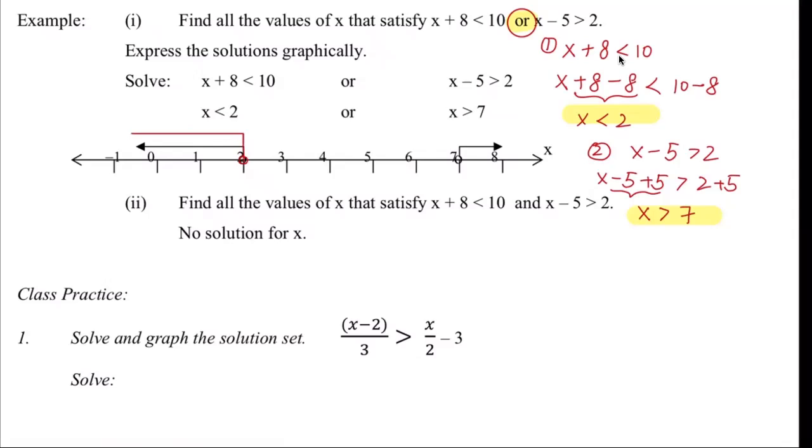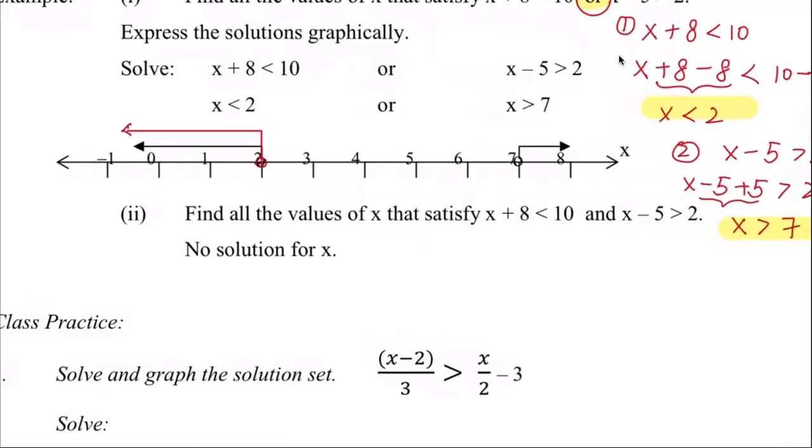we draw this arrow, because this arrow indicates that I'm including all the real numbers that are smaller than 2, but not equal to 2. Okay, so this is what it means.